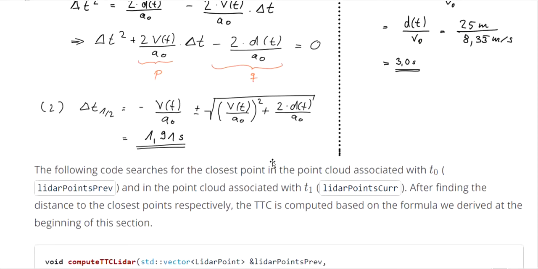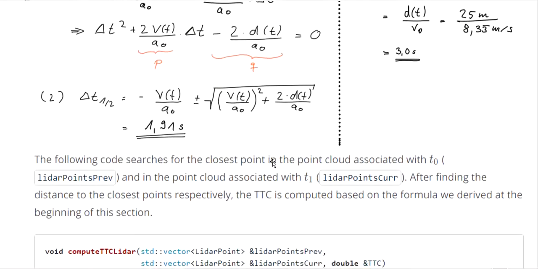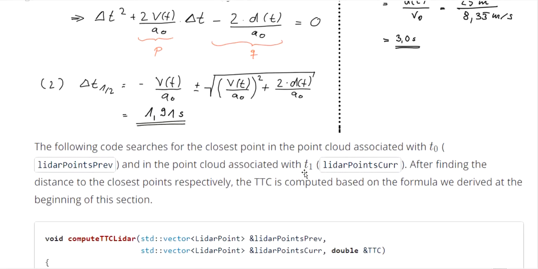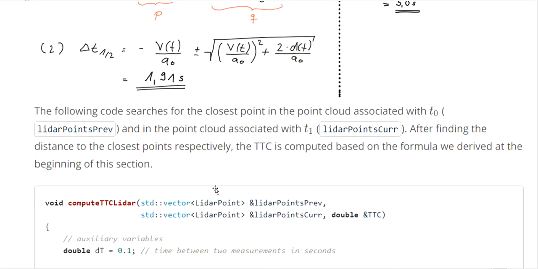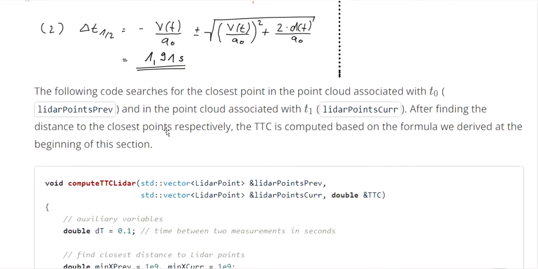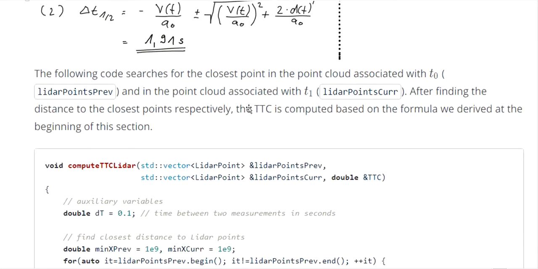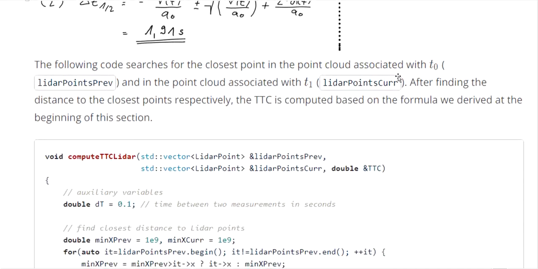Following the cursor, search for the closest point in the point cloud associated with T0, and in T1, in the code, you can see something similar right here. At time T0, we have the lidar point right here, and in the point cloud associated with T1, we have the current one right here.